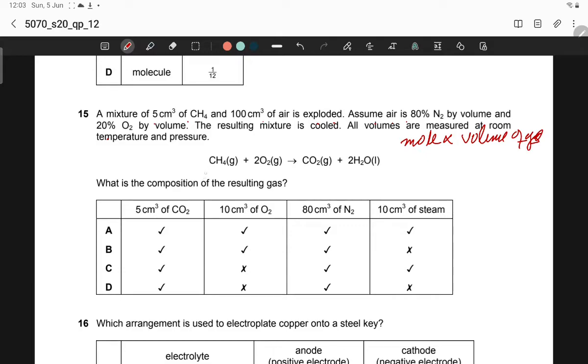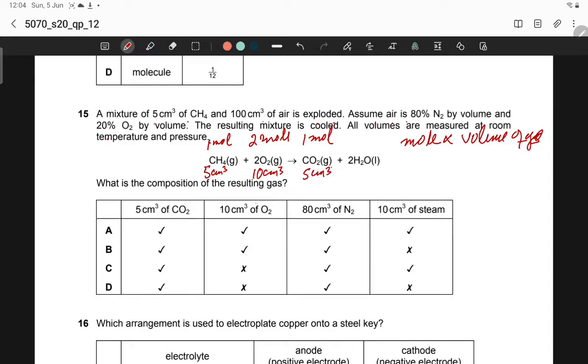If 1 mole of CH4 is equal to 5 cm³ volume, then what would be the volume of 2 moles? 2 mole ratio, so 2 times 5 is 10, so 10 cm³ volume of oxygen, and 1 ratio 1, that is 1 mole, equal to 5 cm³.